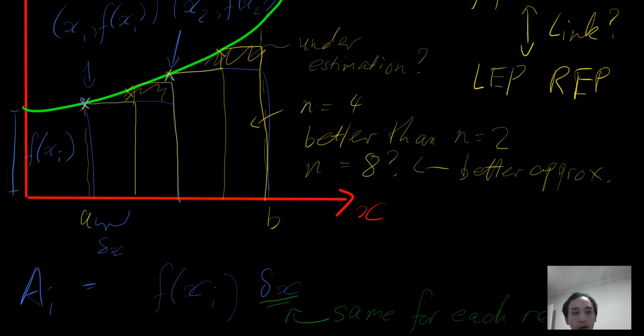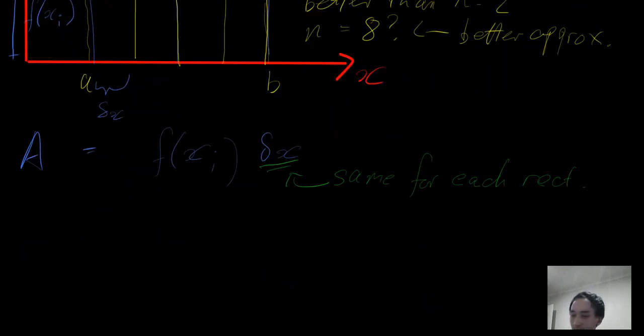But what we want is not the area of one rectangle, we want the area of all of them together. And what you can use over here is, instead of saying the area of rectangle i, we can say that we want to sum up all of these rectangles. So let's rewrite this. The sum of all rectangles is going to be the summation of the area of all rectangles.